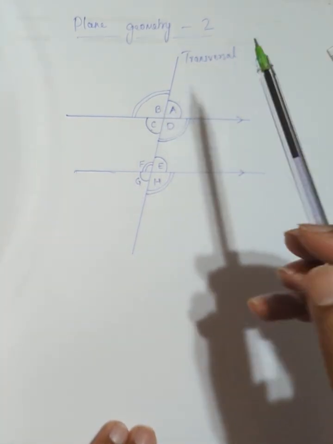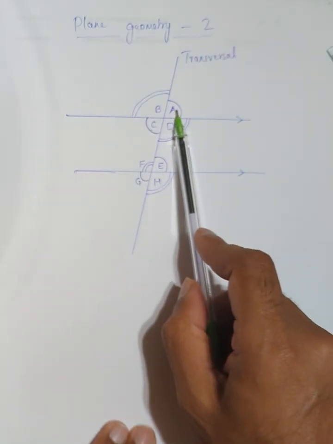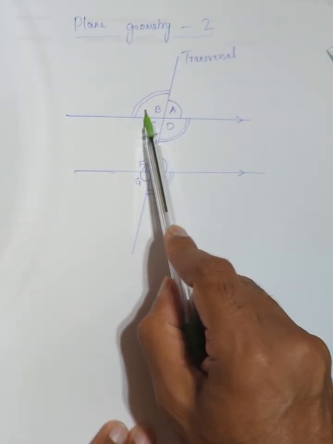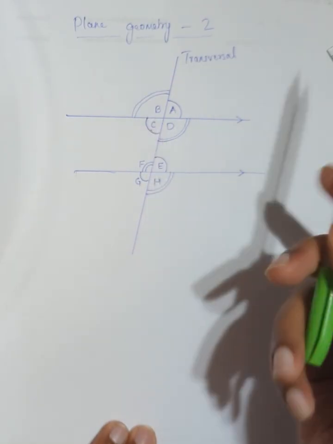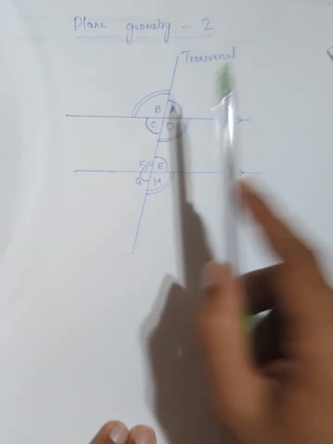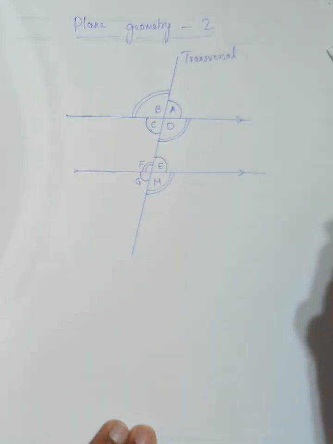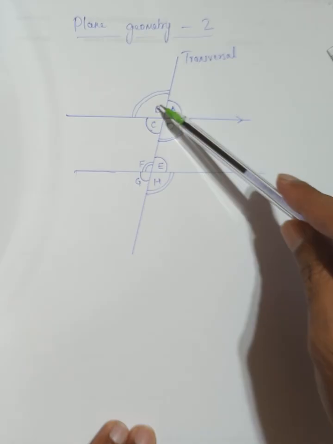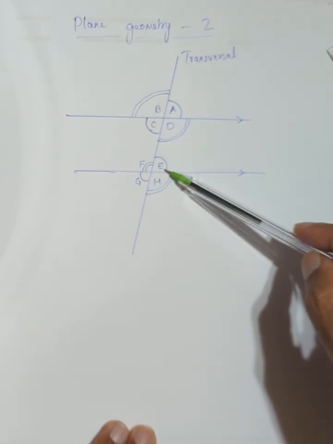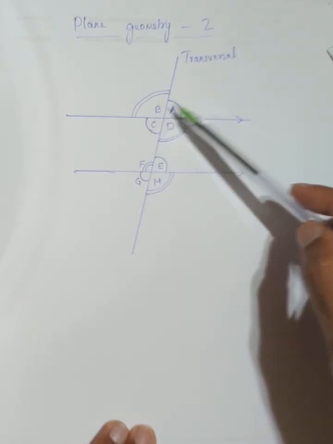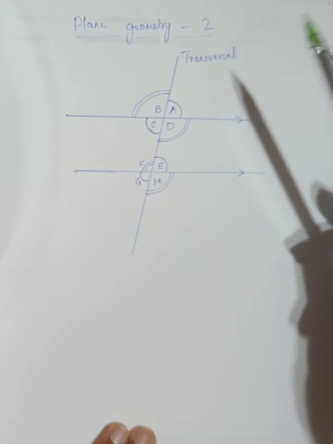And also notice that an acute angle and an obtuse angle, in this case A and B, is a linear pair. But even if they're not a linear pair, like E and B are not a linear pair, they are supplementary angles.